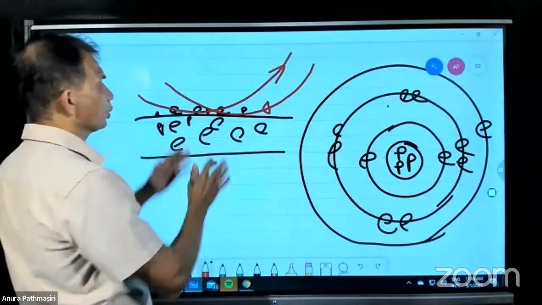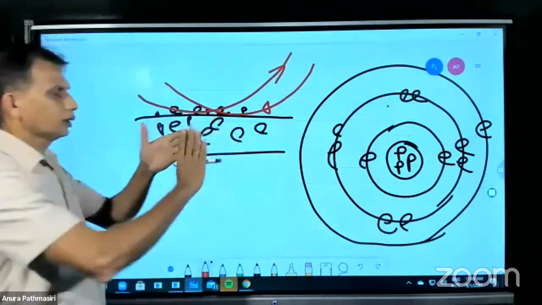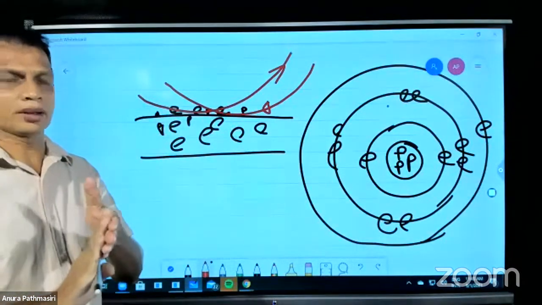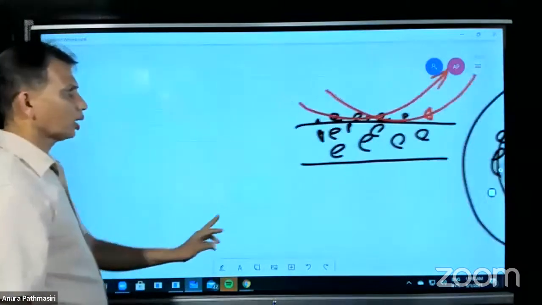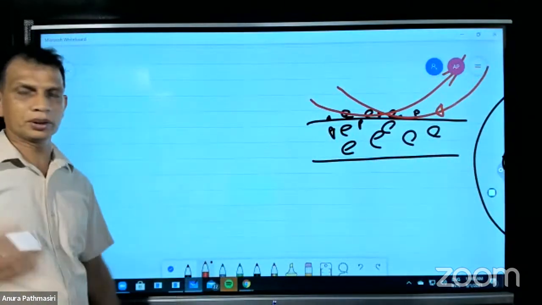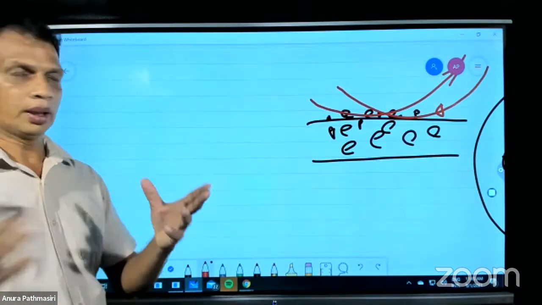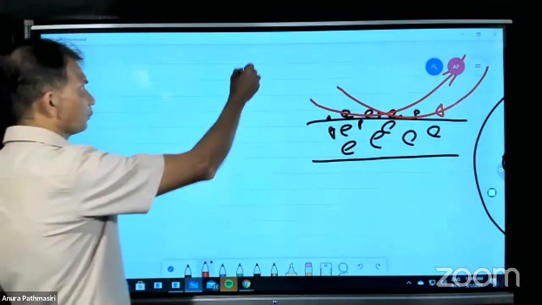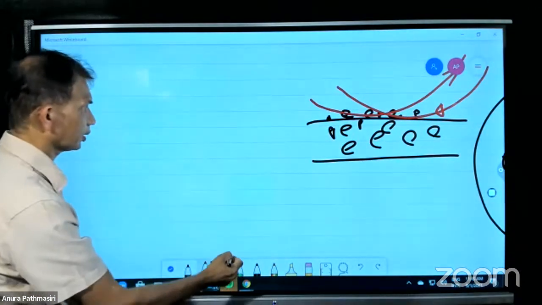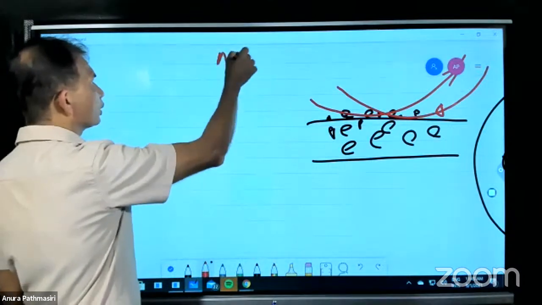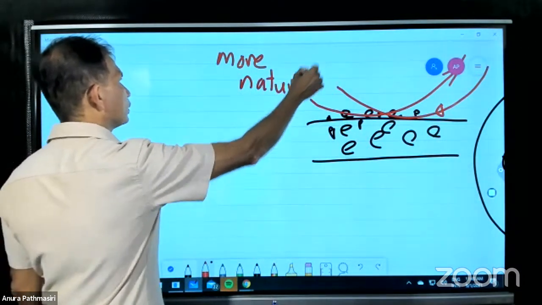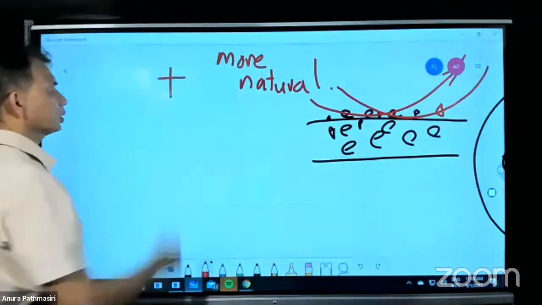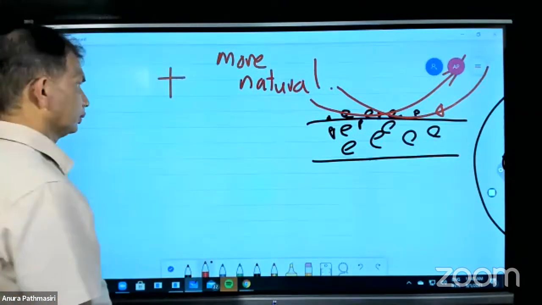So we rub two things and get them charged. How can we find out which one would give electrons when rubbing? We have the electric series. More natural things would get positively charged when rubbing together.